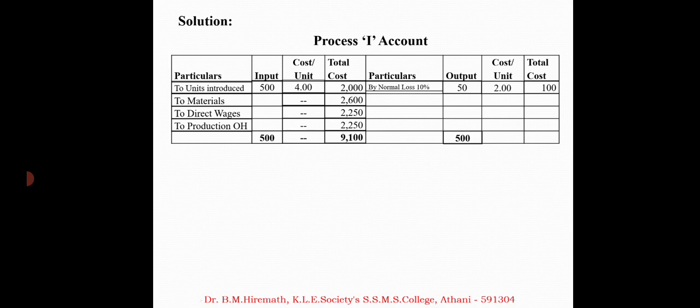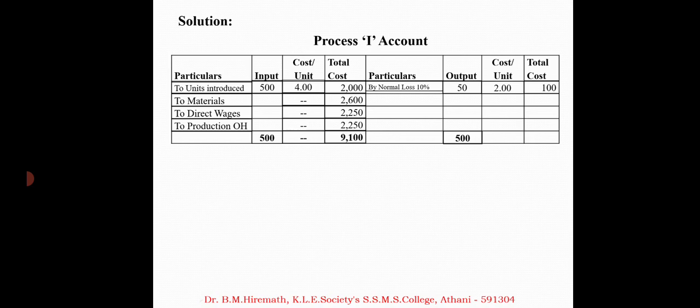Then output of process 1 is 450 units. So normal output is also 450, actual output is also 450. So there is no question of abnormal loss or abnormal gain.